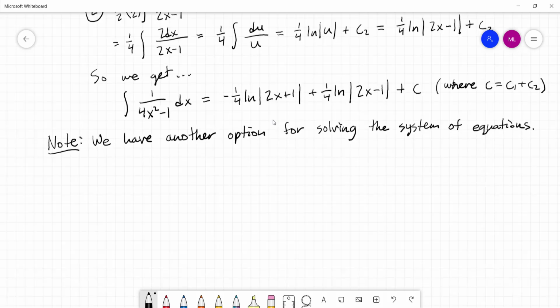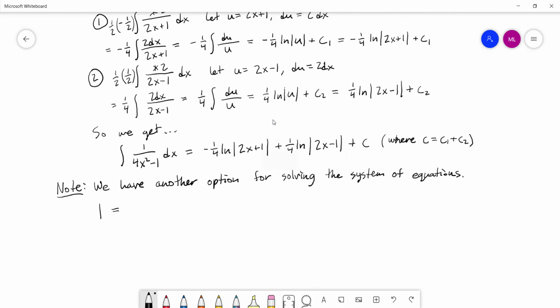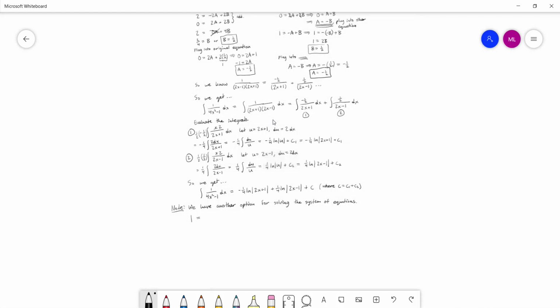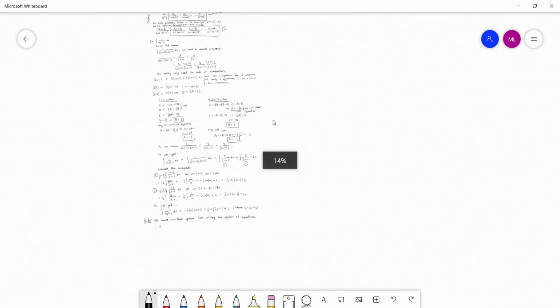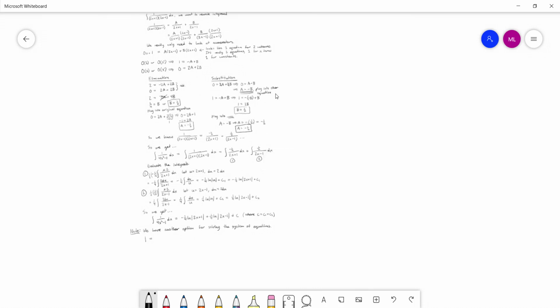Okay, so I want to go back to the line that we had up here. Sorry to have to do this a million times. Basically, I want to go back to this line right here. Our system of equations before we wrote it as two clear, distinct, separate equations.